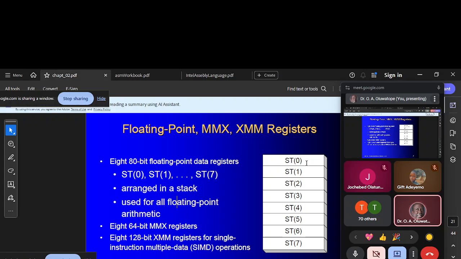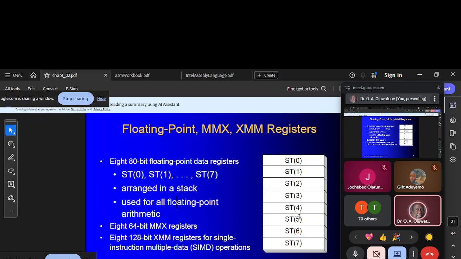You must first exit before you can enter. Let's assume that you are interested in ST7. It means you must unstack ST0, ST1, ST2, ST3 up to ST6 to access ST7. And then when you are done, you will restack. You start with ST6, 5, 4, 3, 2, 1, 0.